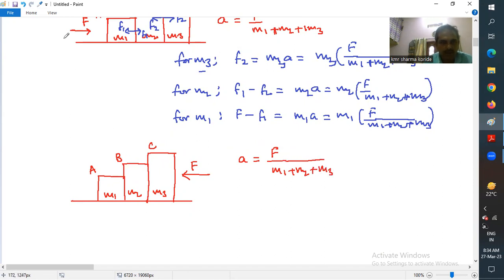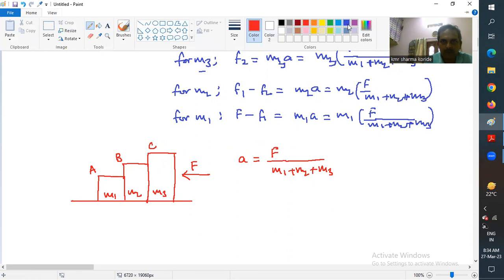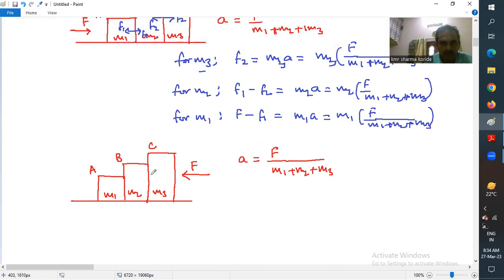Then let us list out the contact force in between the blocks. So here F1 opposes the motion of M3, whereas F1 favors M2. So here F2 favors the motion of M1, F2 opposes the motion of M2. So for M1, it moves only because of F2.